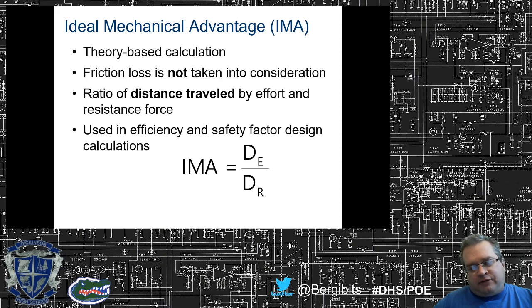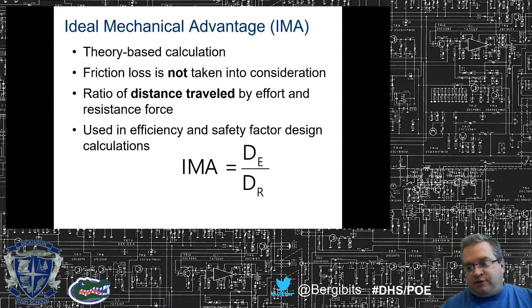Now it's going to be memorization. You're going to have to memorize this because this is going to be something we're going to use all year long. IMA, ideal mechanical advantage, equals distance effort divided by distance resistance. So the distance of the effort. So when you're pushing down on a lever, you are the effort.